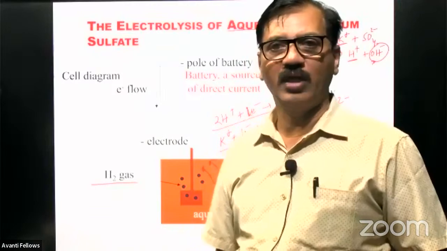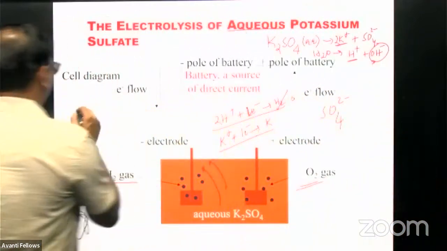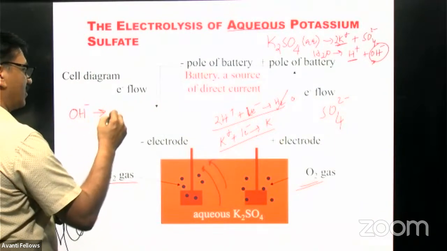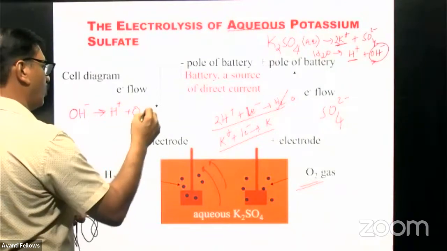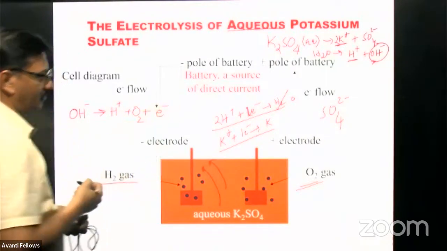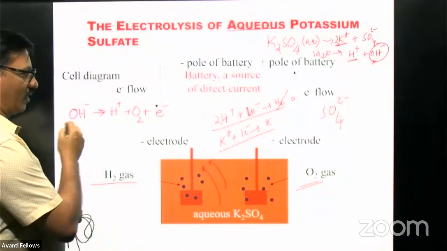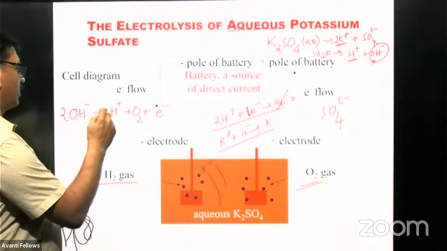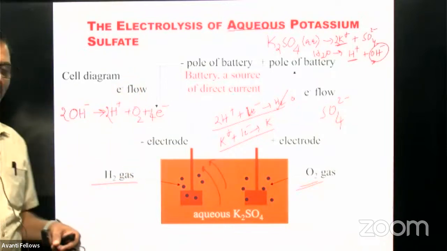Remember this: OH minus ion gives O2. When it gets oxidized, this gives H plus ion, O2 and some electrons. This is the half cell reaction. So, 2 OH minus ions give O2, 2 H plus ions and 4 electrons. This balances the whole process.